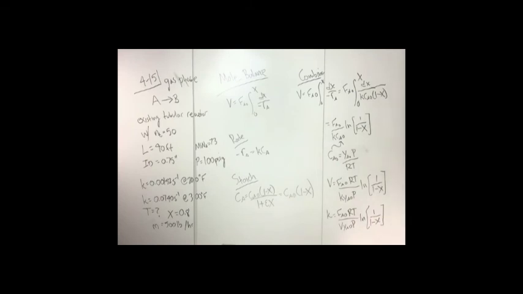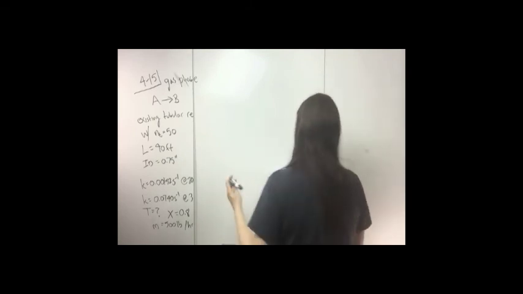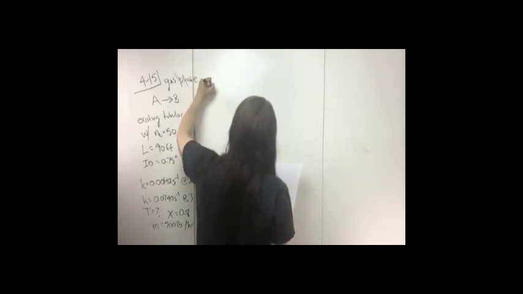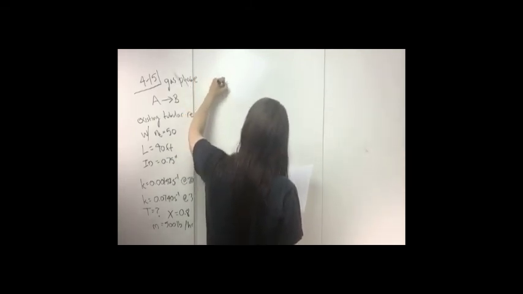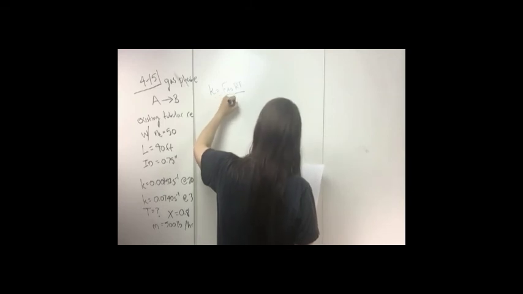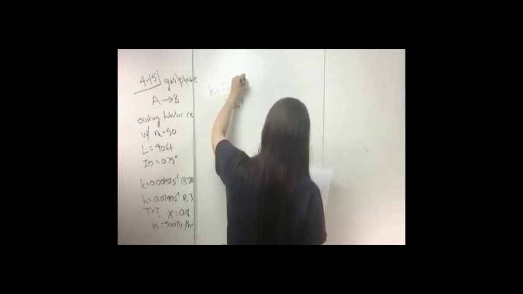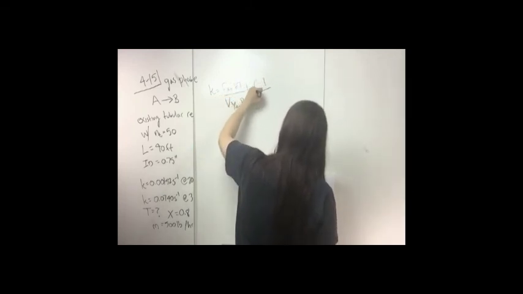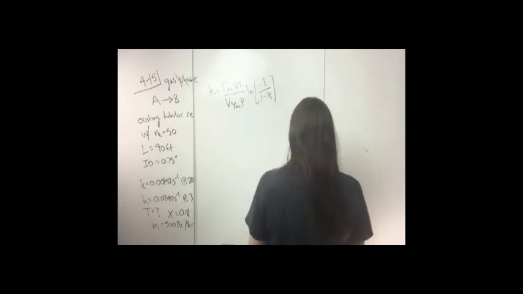So I'm going to erase some stuff real quick. I'm just going to rewrite this equation that we just derived for k. So k is equal to FA naught RT over V YA naught P, natural log of 1 over 1 minus x.